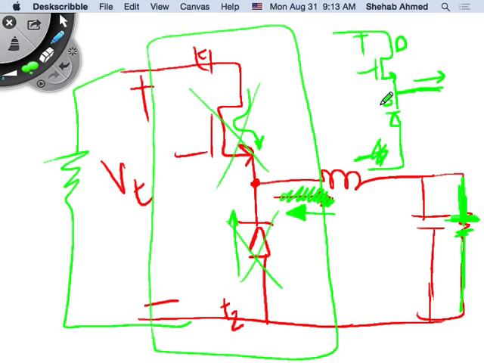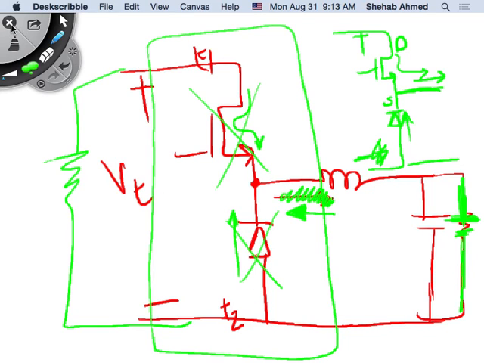And same thing with the BJT: collector voltage has to be higher than the emitter voltage for you to be able to turn it on and turn it off. So I've satisfied that condition in this case. And current is flowing in this direction, so current can flow. I can turn on and turn off the MOSFET, and current can flow. And if the MOSFET is off, current can find a place to flow through the diode. So that's why this previous circuit works with this selection of devices. But this circuit would not work, right?